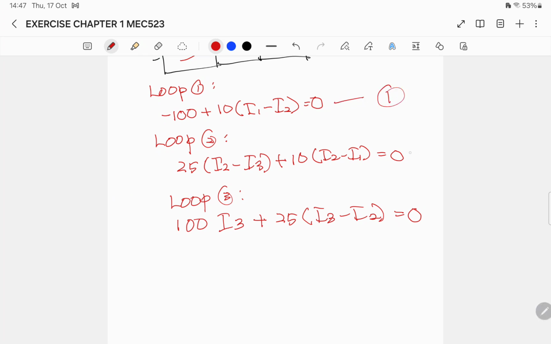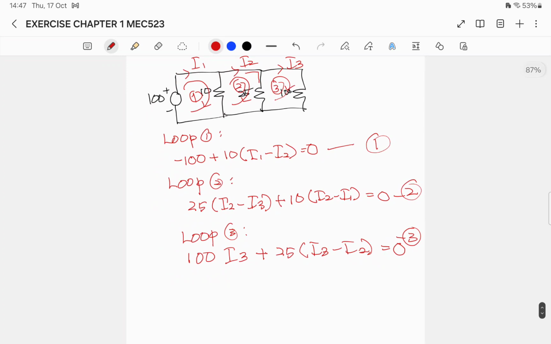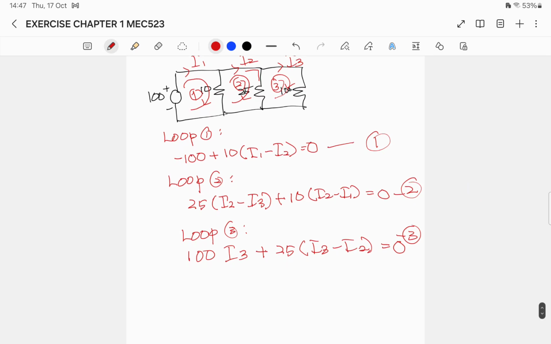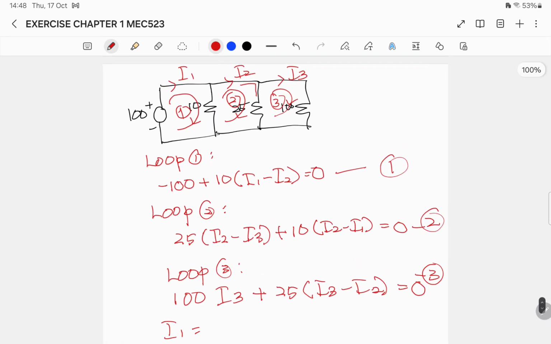So we have equation 1, equation 2 and equation 3. Anyone tolong dapatkan value of I1, I2 and I3. Sebab tak habis lagi ni. Once dah dapat I1, I2, I3 tak habis lagi. Belum. Dia kat sini saya letak IX, sini saya letak IY.